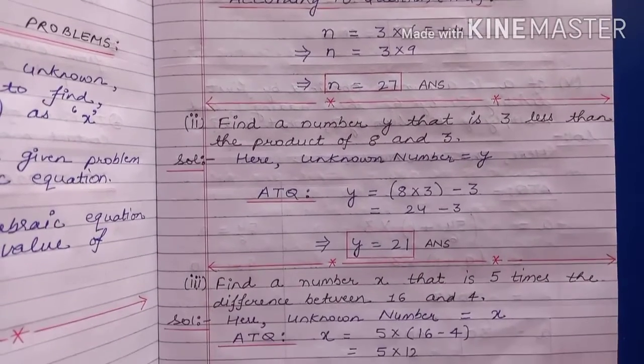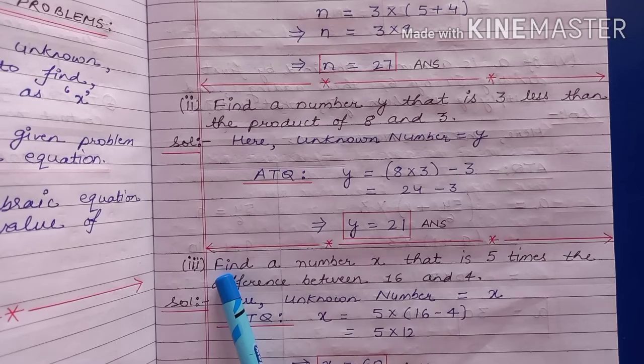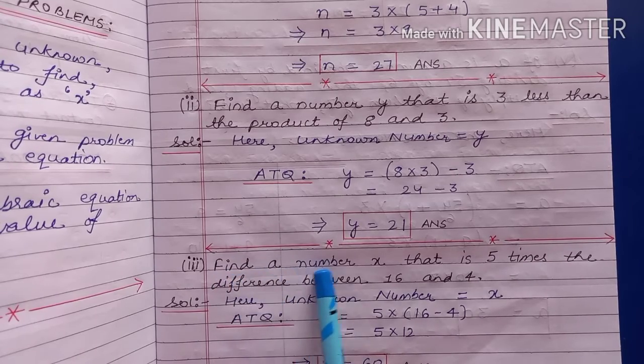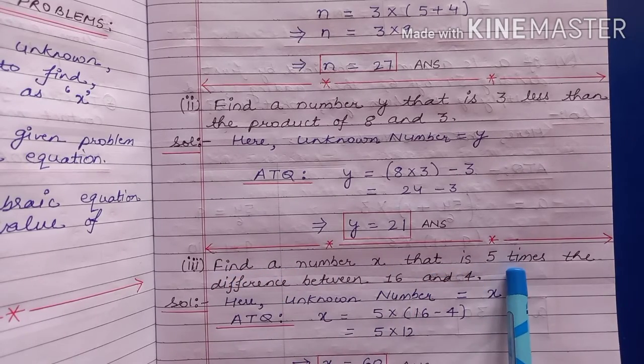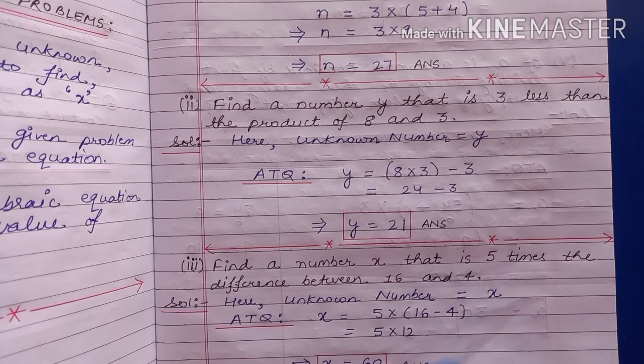Similarly, the third part of the first question. In the third part, the statement is find a number x that is 5 times the difference between 16 and 4. So here the unknown number is x, and according to question it is 5 times the difference between 16 and 4.